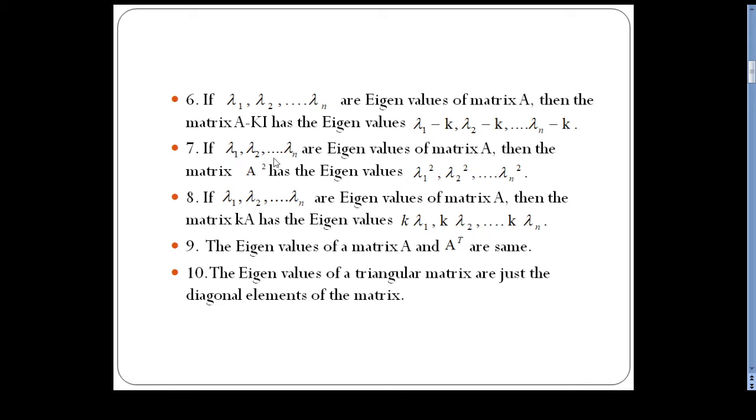Now lambda 1, lambda 2 up to lambda n are eigenvalues of matrix A. The eigenvalues of A square are lambda 1 square, lambda 2 square and so on up to lambda n square. Then for kA, the eigenvalues are k multiplied with lambda 1, k multiplied with lambda 2 and so on. The constant term we should multiply with the eigenvalues.